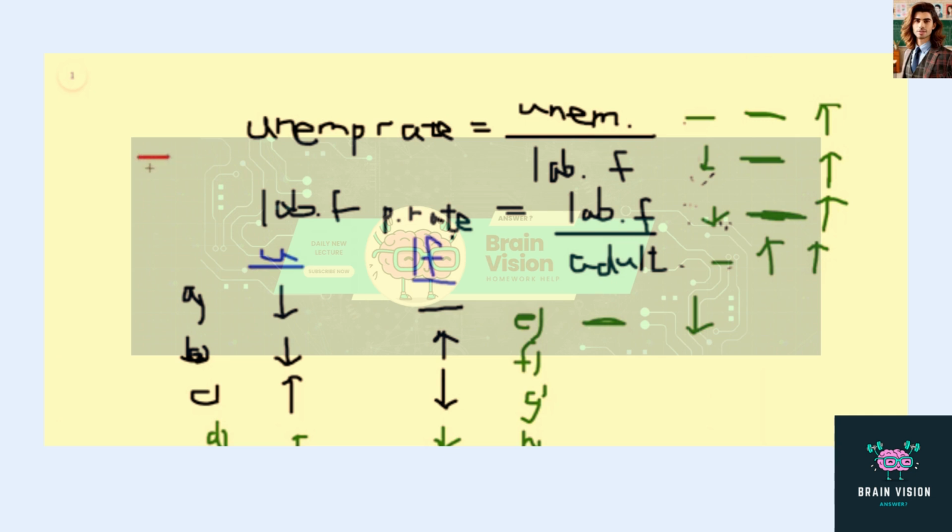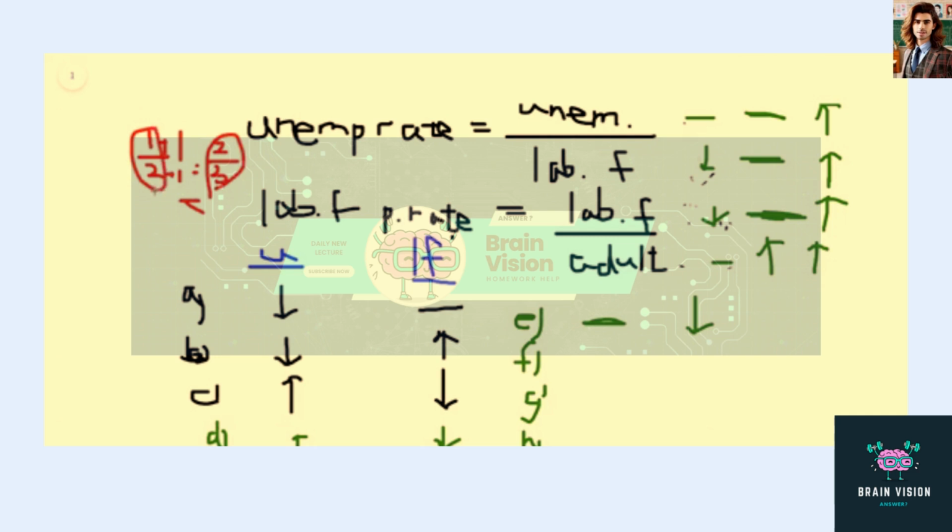Say this is 1/2. What if we add 1 to both the numerator and denominator? It is going to be 2/3, right? And 2/3 is greater than the original 1/2.